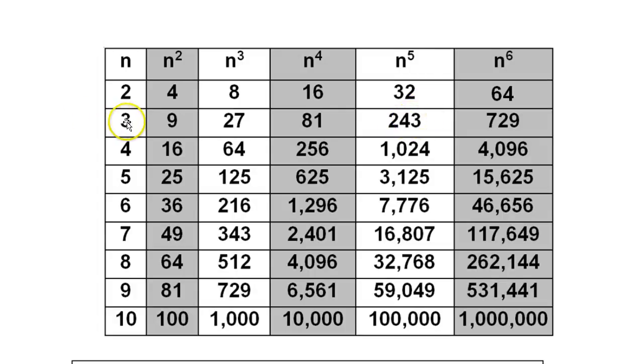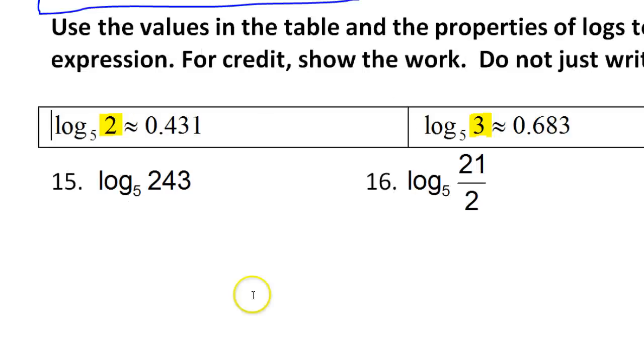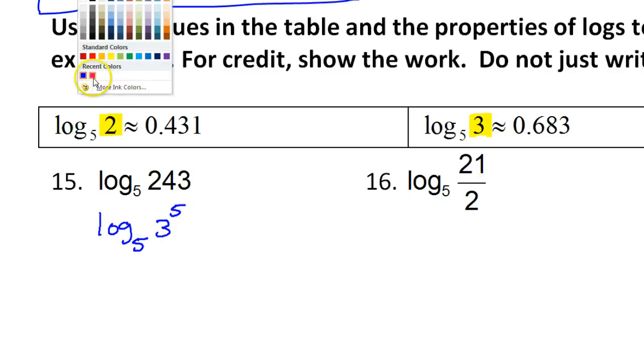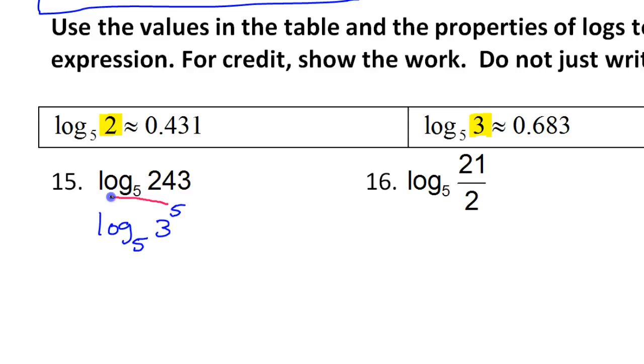I see that 243 is 3 to the 5th power. So that means what I have here is log base 5 of 3 to the 5th power. Now, using the power rule, this 5 can come out front.